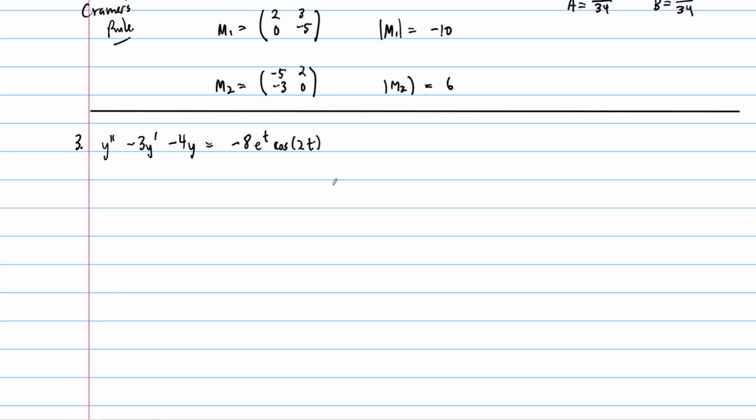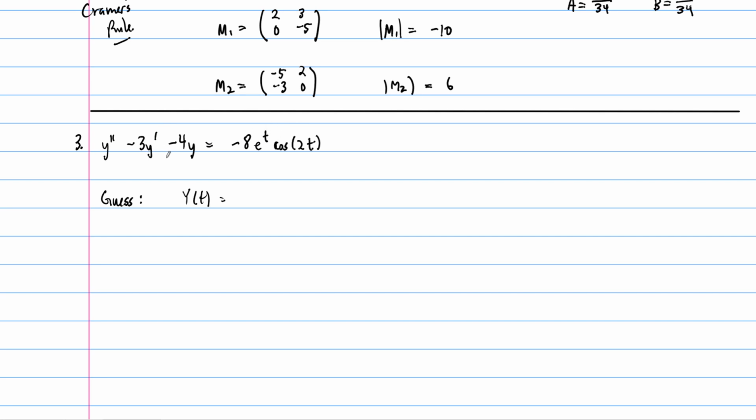The way that this works is that our guess is going to be that capital Y of t should be some linear combination of e to the t times cosine of 2t plus e to the t times sine of 2t. It's the exact same reasoning that we used for the trig functions above: when you take the derivative, it's going to be a product rule, but you end up with sines and cosines.